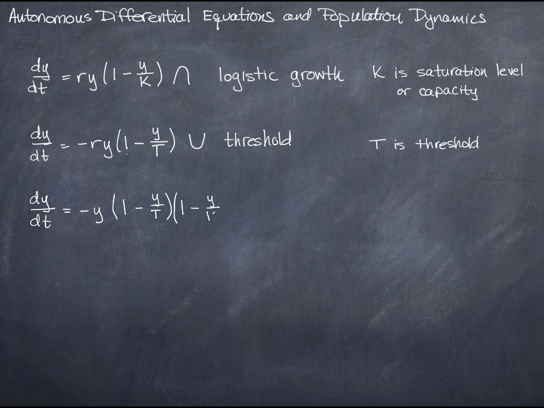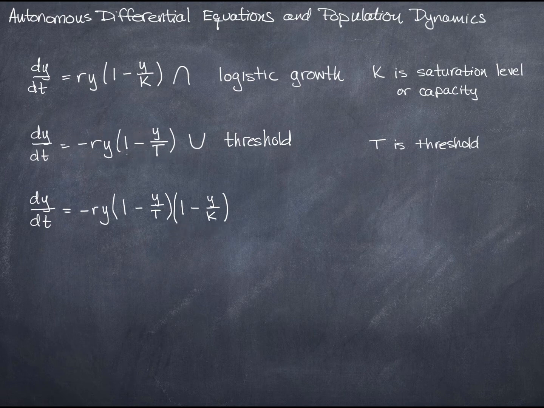It looks like this. So basically, this one has, oh, I forgot my R. Let me stick that in here. Ry. So this equation is exactly the same as this equation here up to this point.